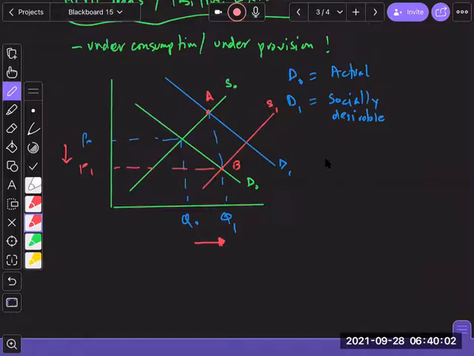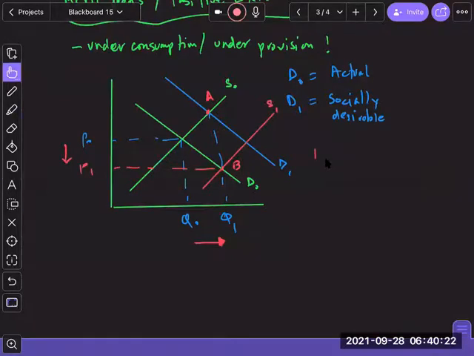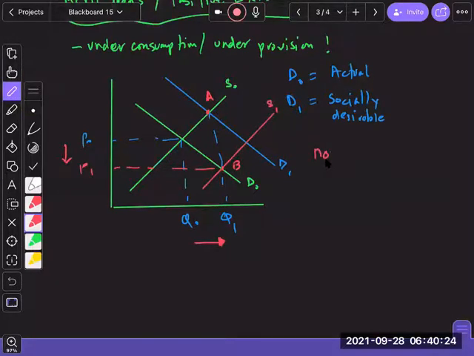Number one, you can't give it to, for example, demerit goods, or goods that are harmful to people. Number two, subsidies may not be desirable in the case of public goods, because public goods are non-rival and non-excludable.